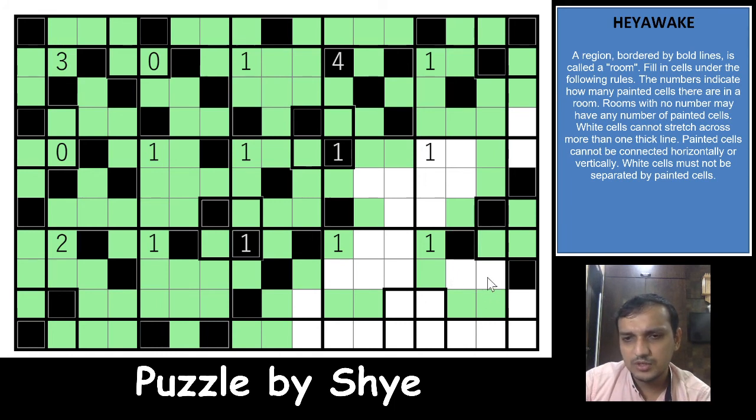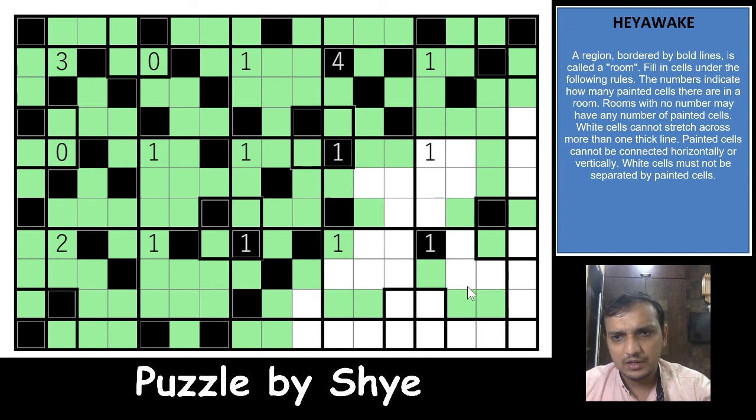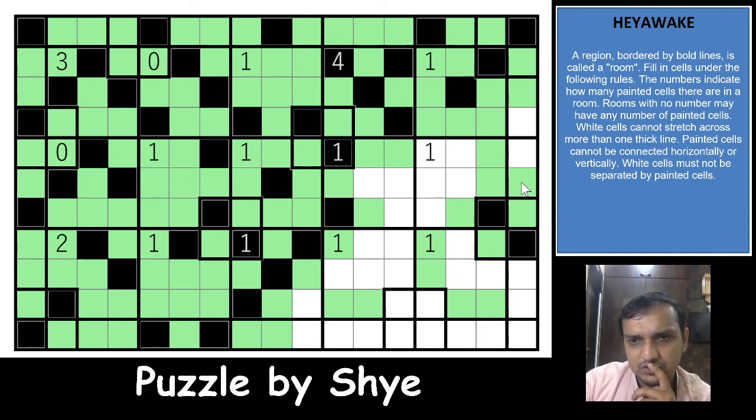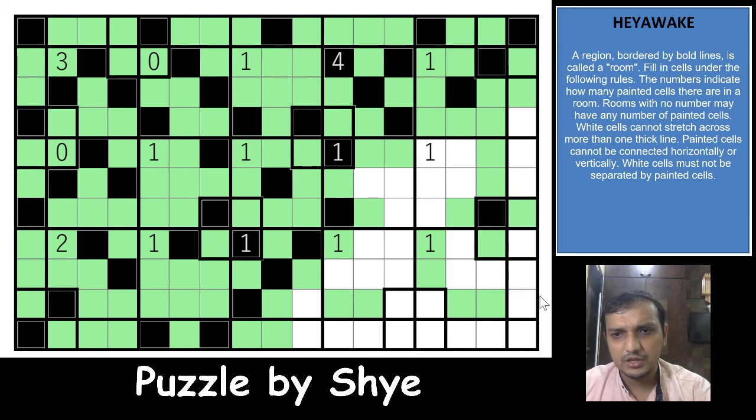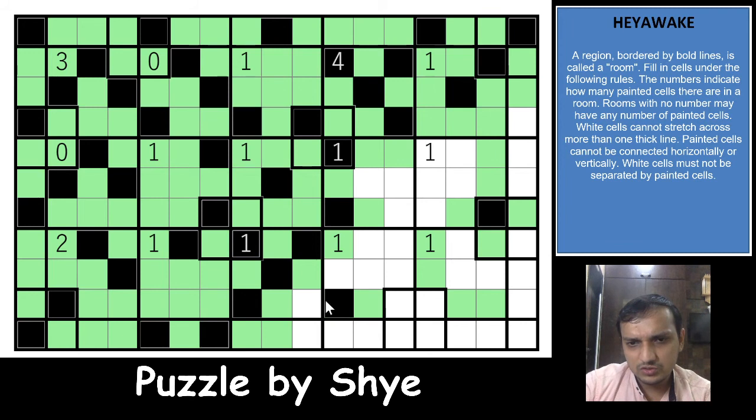That isn't giving much here because there is no contradiction happening. We shade this, this gets unshaded, and this gets unshaded. Again, no contradiction happening. Okay, so there has to be something that we are missing. Oh no, because if you shade this, both of these will be unshaded, and again nothing is happening here, right?